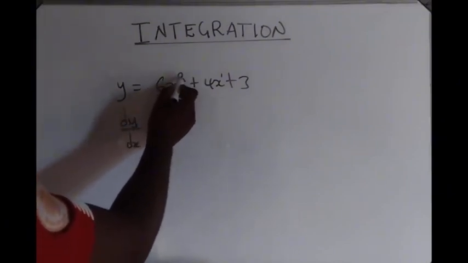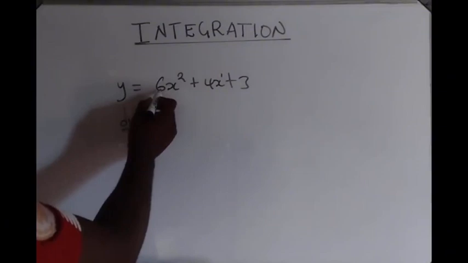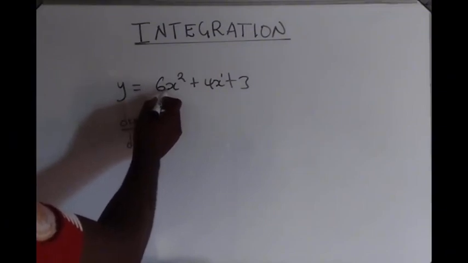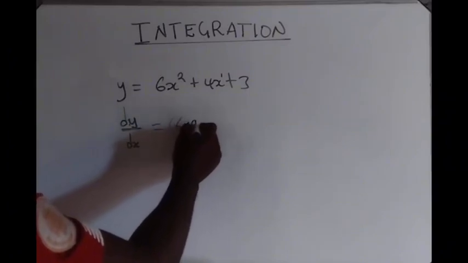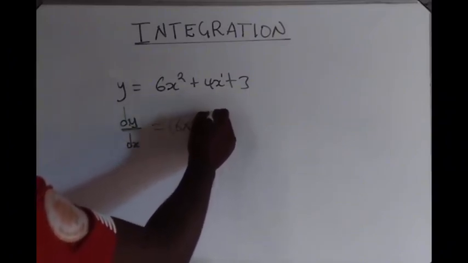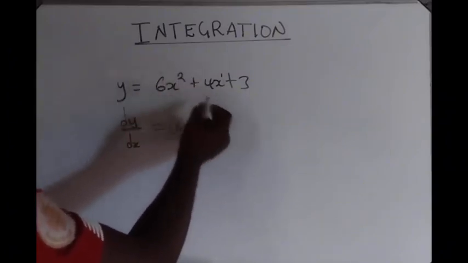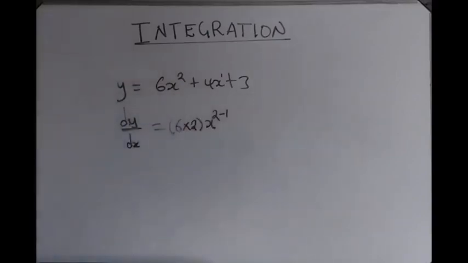When you are differentiating a function like this, the power is multiplied with the coefficient of x. For the highest power, which is 2 in this case, you have 6 times 2, then x to the power 2. What happens to this power? It is reduced by 1.